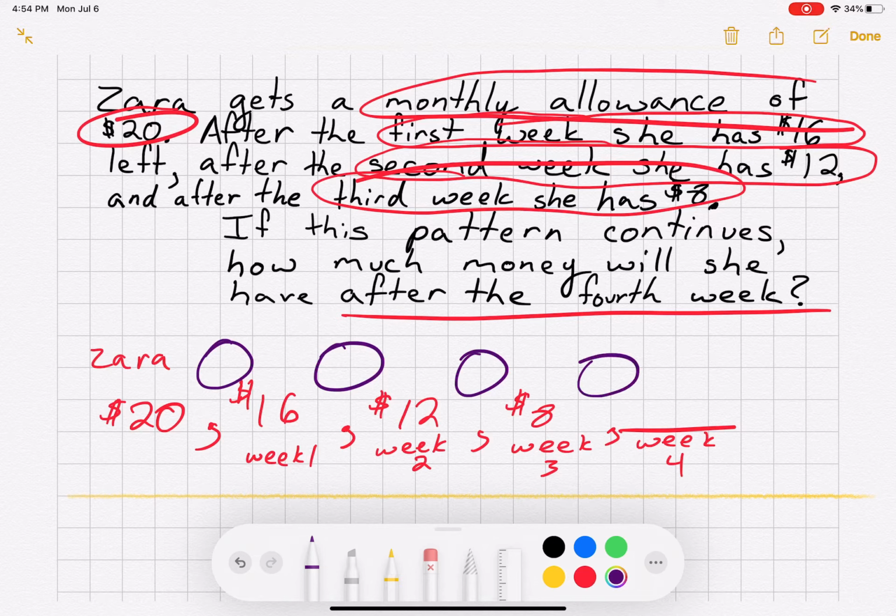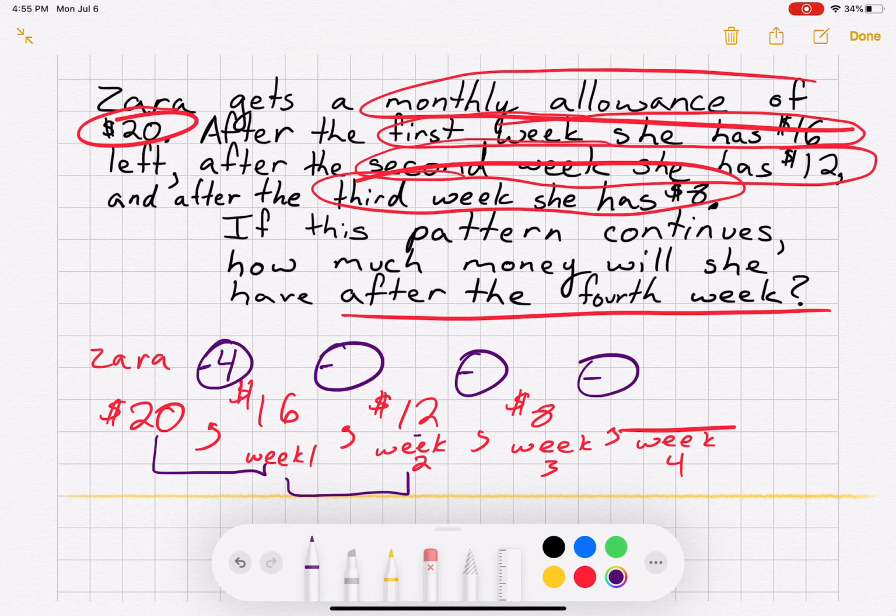My first question that I ask is, is the pattern increasing or decreasing? So it is decreasing, so I put my minus sign in there. And then I want to see what the difference is between my first two numbers. So 20, 19, 18, 17, 16. So it is 4.